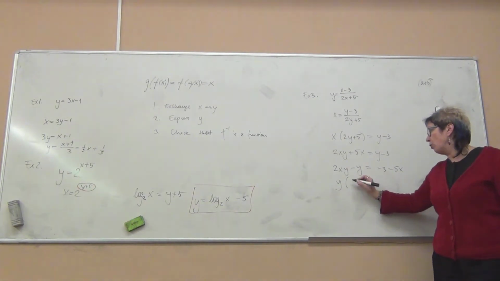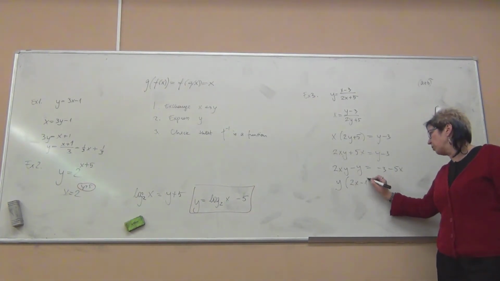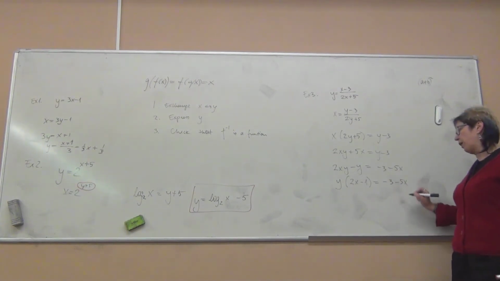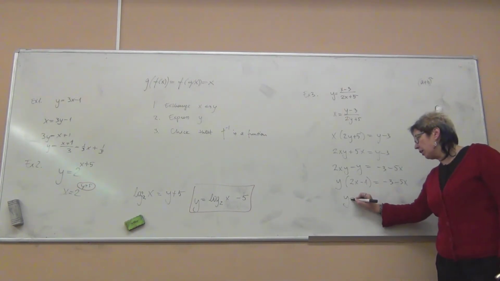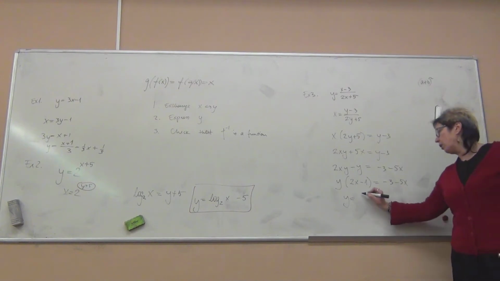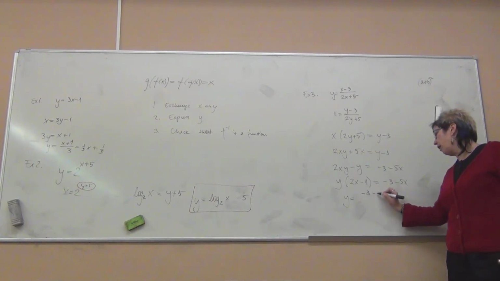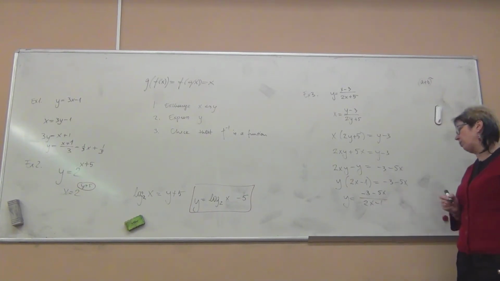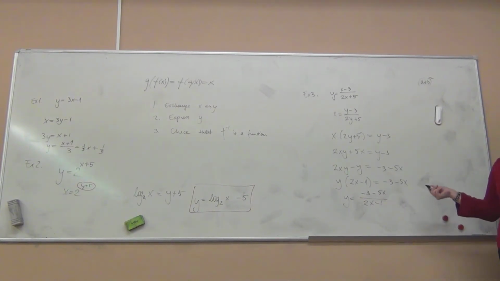y, common factor outside, times 2x minus 1 equals still the same, minus 3 minus 5x. But now I can express y by dividing both sides by 2x minus 1. So it's minus 3 minus 5x divided by 2x minus 1, or any other rearrangement that keeps the correct signs.